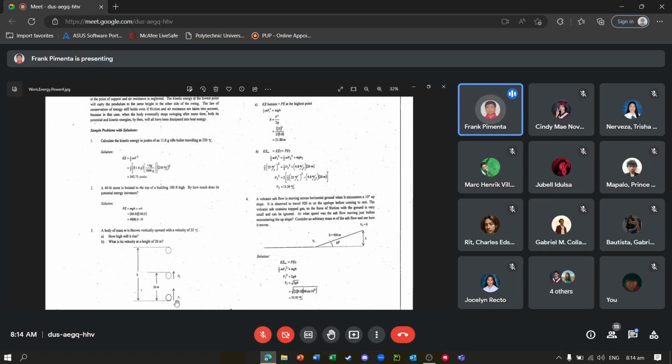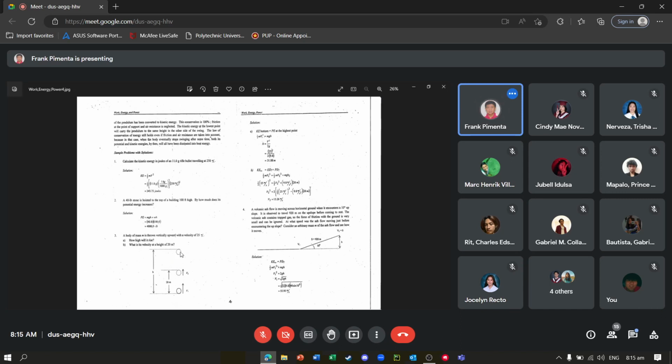So this will be the maximum velocity because that is the starting velocity. Why is this the maximum? Because as the body goes up, because of its weight, the velocity will decrease until it reaches the maximum height, the point where it cannot go beyond anymore. It can no longer rise. So this is the maximum height.